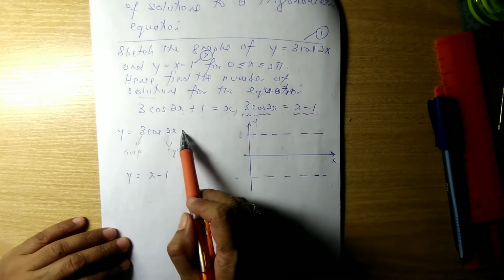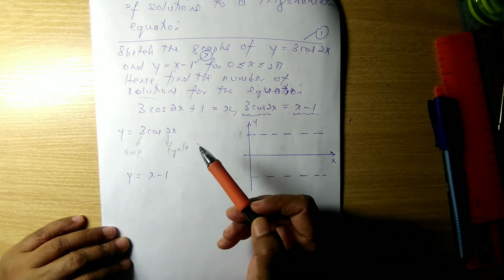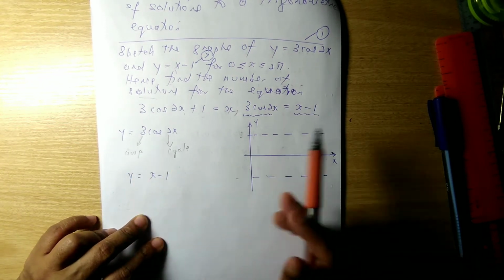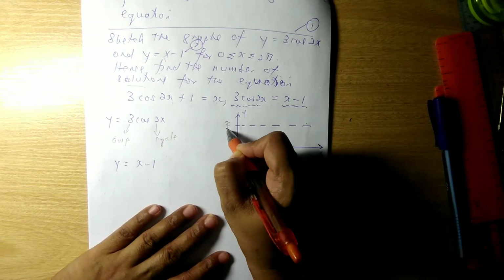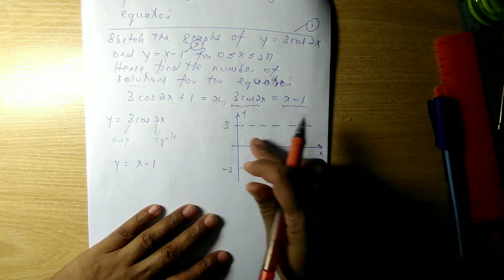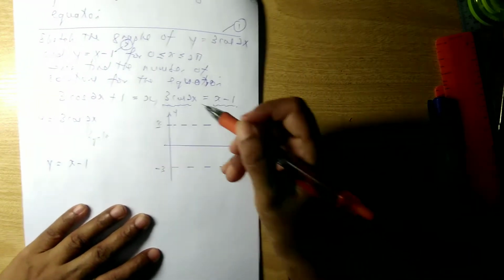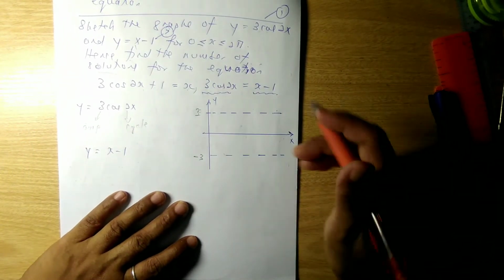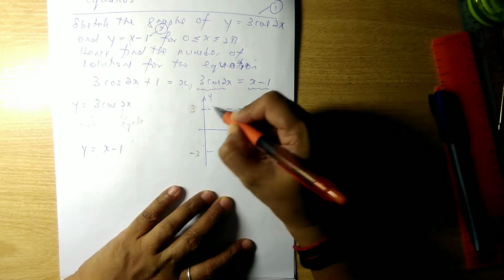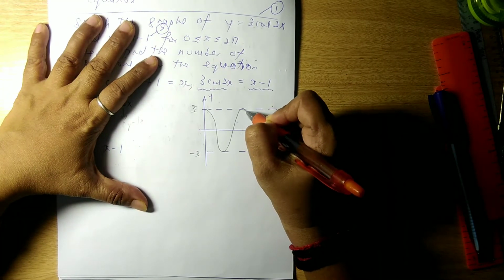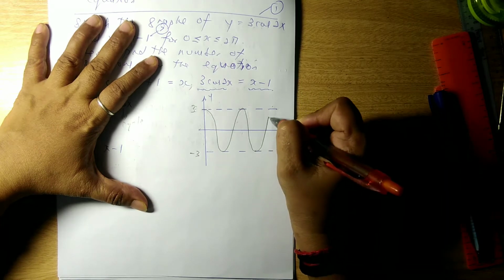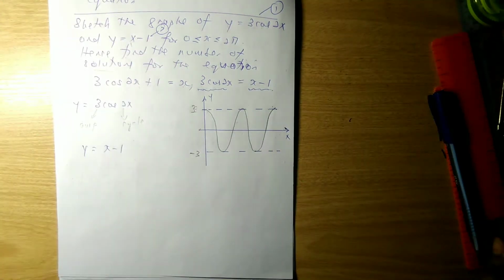In this case, it is not stated. So we sketch this first. Your amplitude is 3 and -3, so the graph is inside this range. It's a graph of 2 cycles, so it'll be something like that.